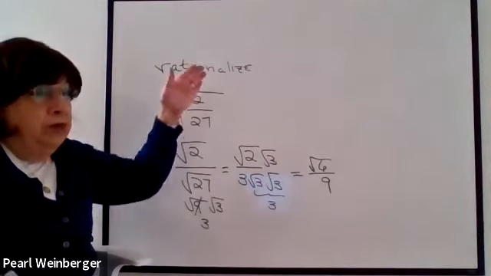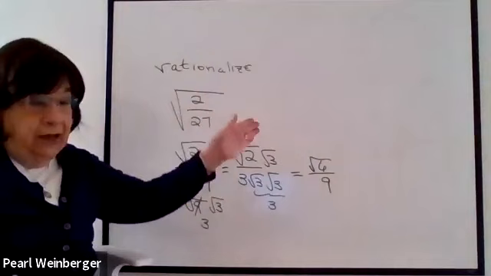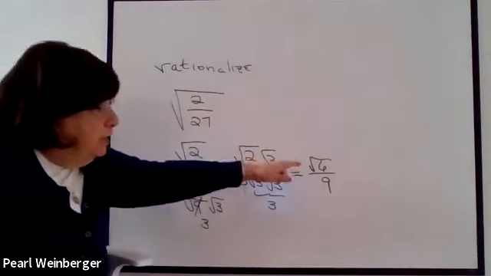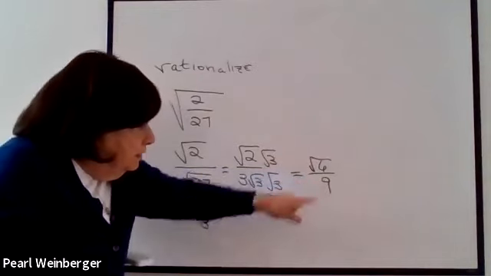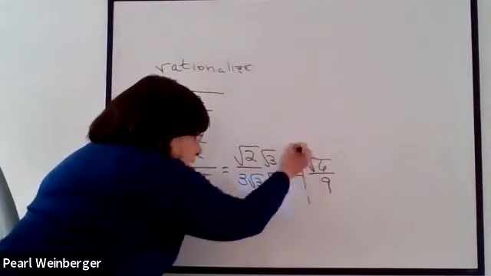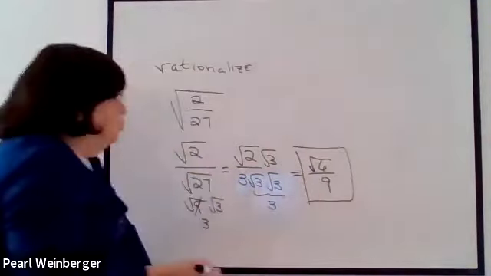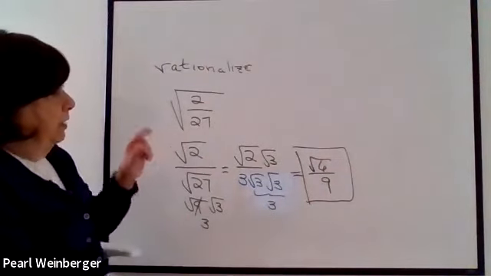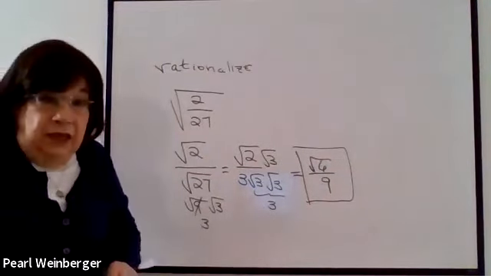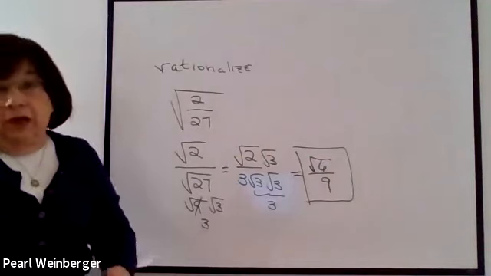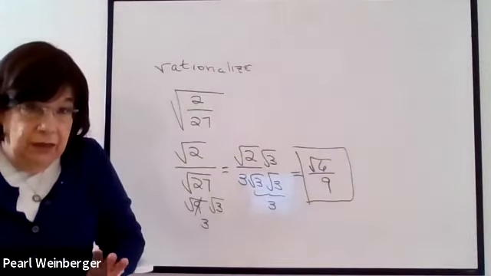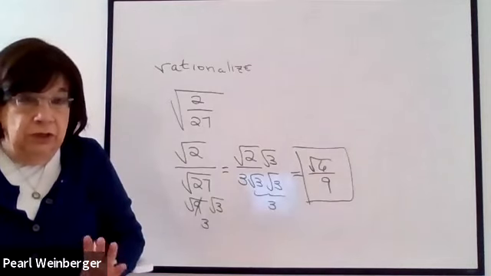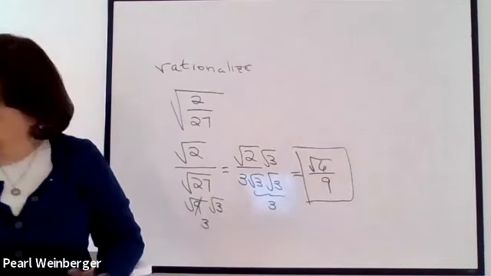You can only divide outsides by outsides and insides by insides. Since the 6 is inside the radical and the 9 is outside, I can't do anything further. And this is what's called simplifying. Again, sometimes the answer doesn't look simpler than what you started out with. But as long as there's no radical in the denominator, that is what's called simplification.